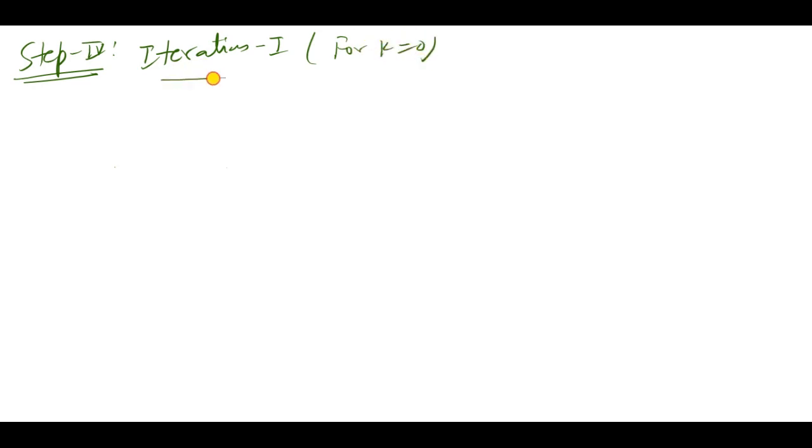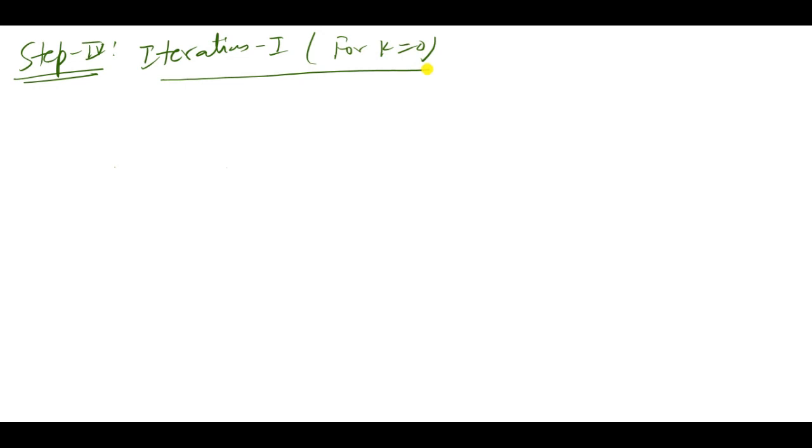Now in step 4, iteration 1, compute for k is equal to 0. That is, put k is equal to 0 in equations 1, 2 and 3.